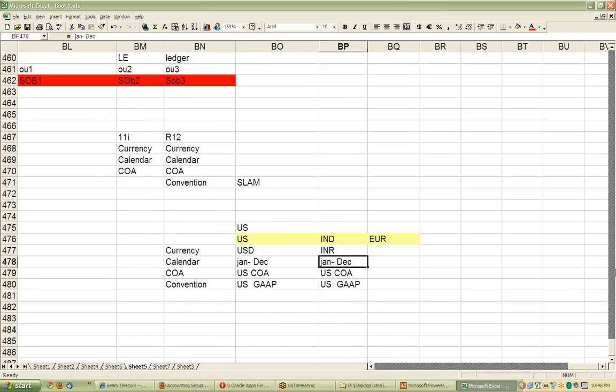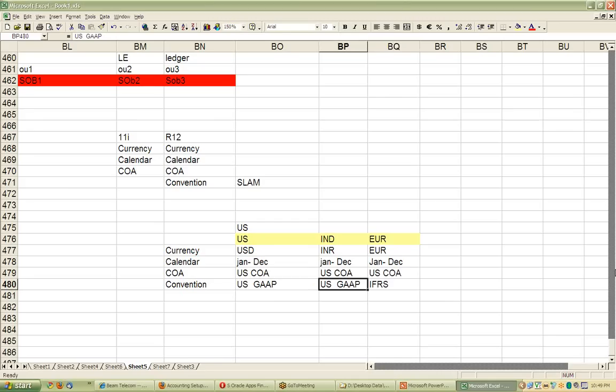It's a US company only, right? I just want a different representation of transactions. But in Europe, I want Euro currency. Let's say the calendar is the same, January to December. I have the same chart of accounts, but I want the accounting as per IFRS.